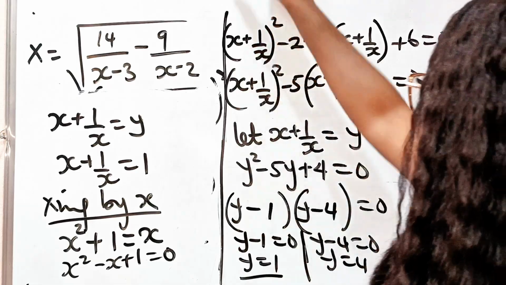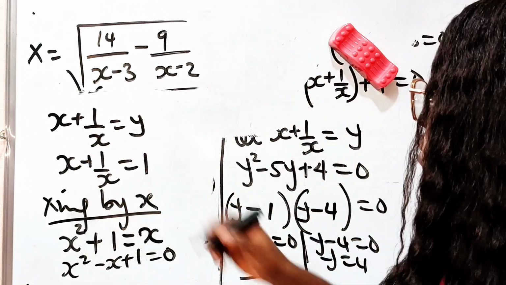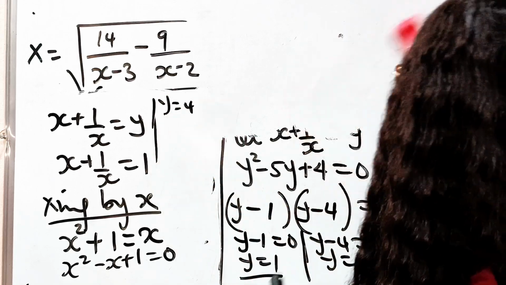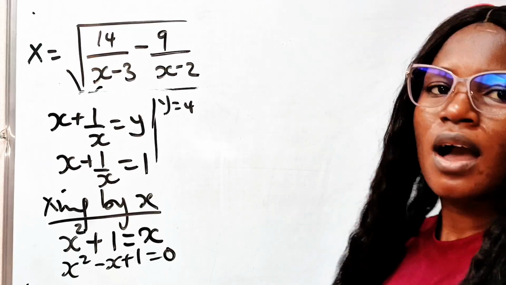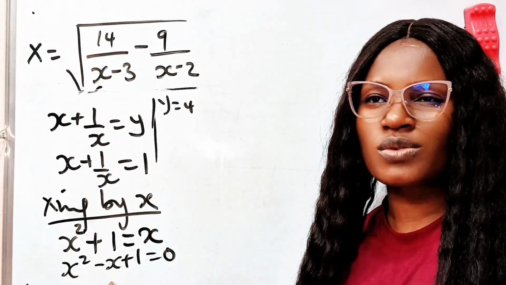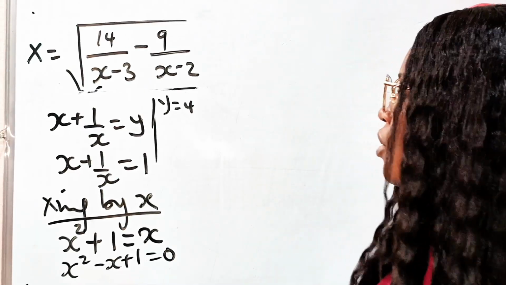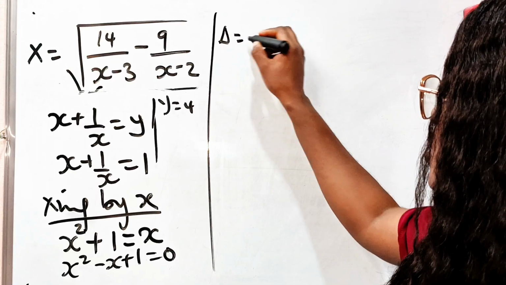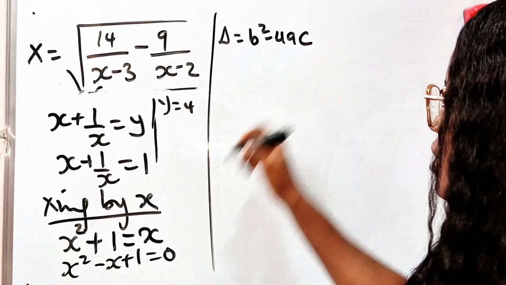Now solving this, and the other value of y is equal to 4. When you look at this, let's find the discriminant to see if we will be able to get real roots. The discriminant is b² − 4ac.